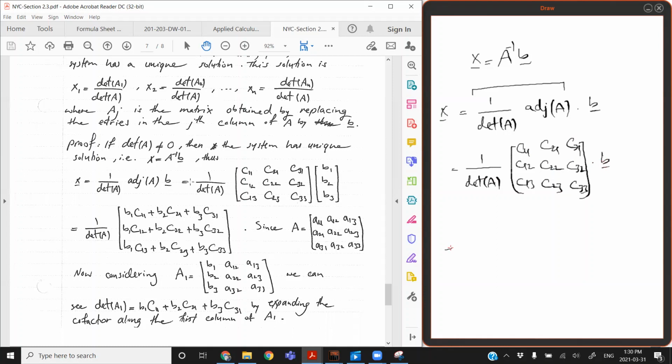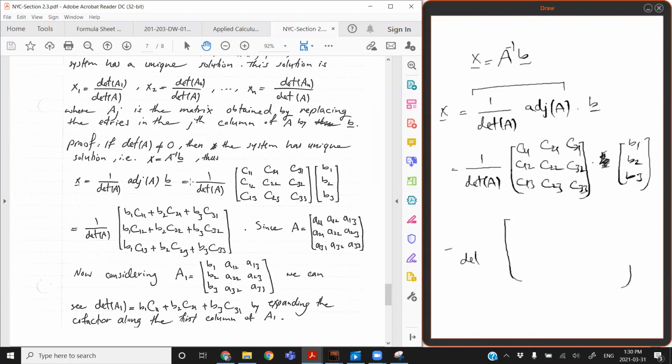So this is going to be 1 over determinant of A. And then here, actually, I'm going to replace B with B1, B2, B3. So I expand it. These are the constants from the three equations.